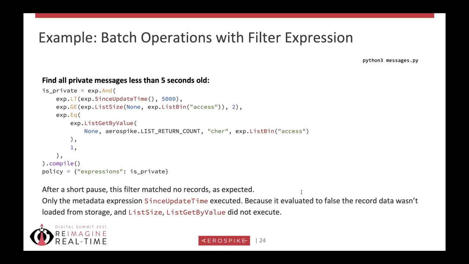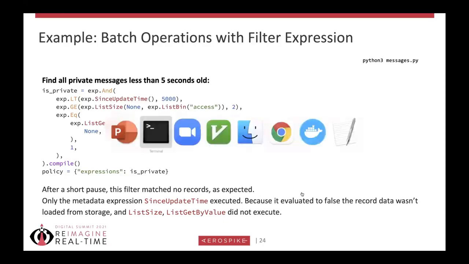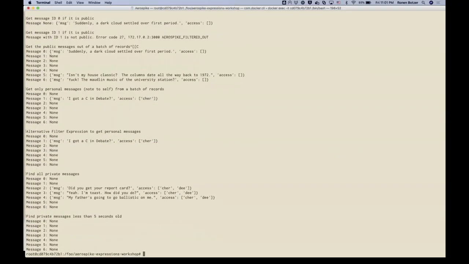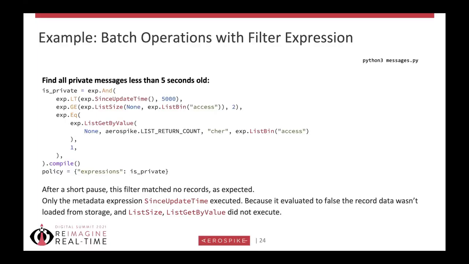Because of that, we don't even go to do the checks on the actual record data. So Aerospike doesn't have to read the record from storage because the metadata phase failed, so we don't continue to execute the rest. It's pretty efficient that way. So you can see nothing came up that is newer than 5 seconds.